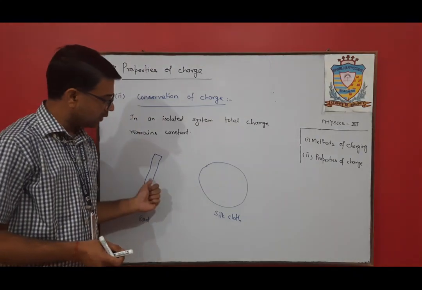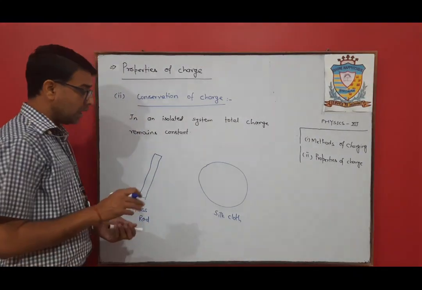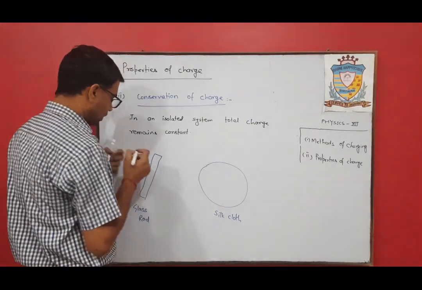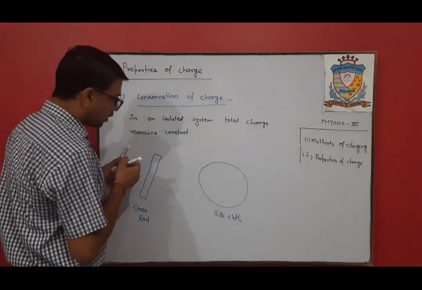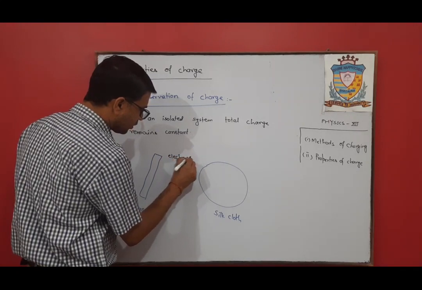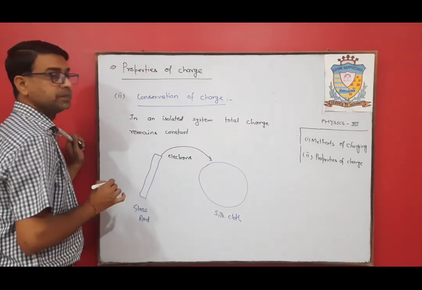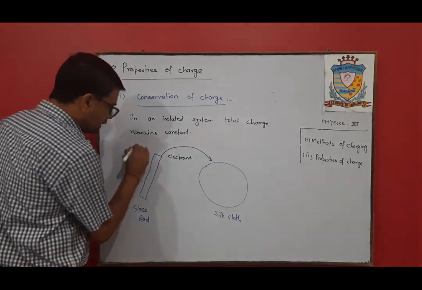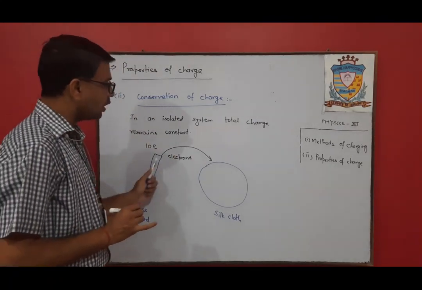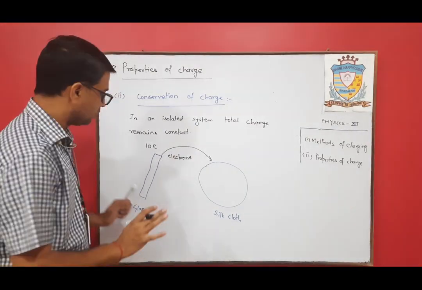So if we rub these two, the glass rod and silk cloth, together, what will happen? Some electrons will move from glass rod to silk cloth. That means there is movement of electrons from glass rod to silk cloth. Suppose 10 electrons move from glass rod to silk cloth. Okay, initially both are neutral.